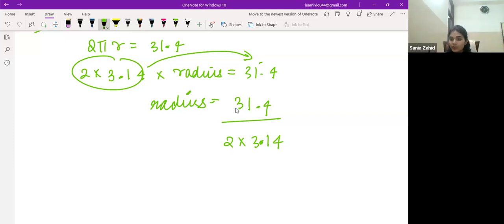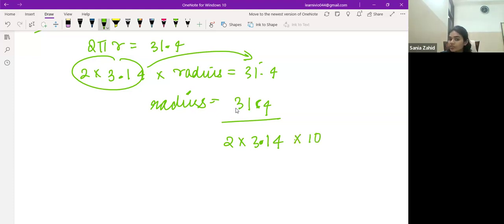I have decimal in the numerator also and in the denominator also. So, first you remove this decimal. If I remove this decimal, how many zeros should I put in the denominator? 1 0. So, I multiply with 10.